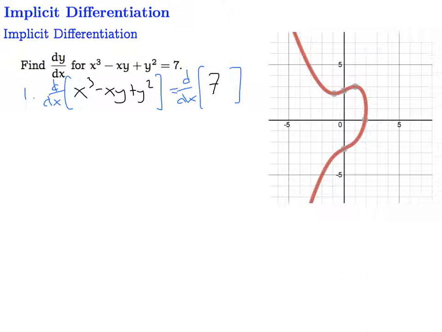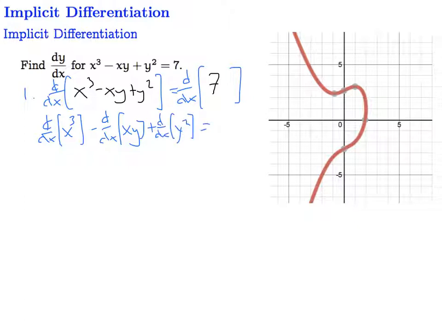As always, pause the video and think to yourself, well, what's this going to be? So if we work through this, it's going to split up into 3 separate derivatives. So we have the derivative of x cubed minus the derivative of xy plus the derivative of y squared is equal to, well, let's just take the derivative, it's going to be 0. So for the first derivative here, when we take the derivative of x cubed, the variables match.